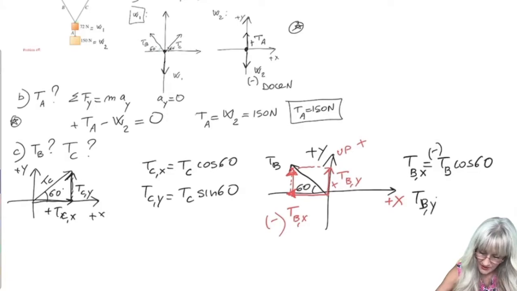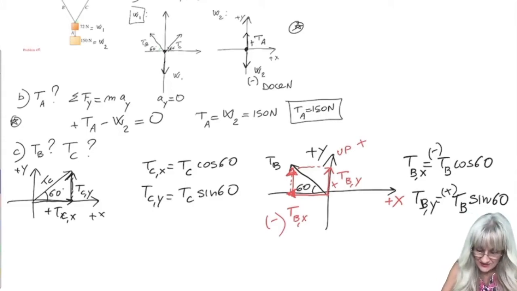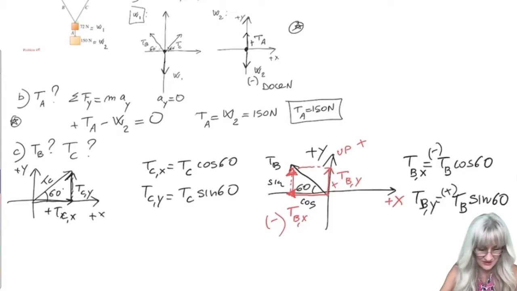T of B on the y-axis, yes, I know it's positive, I'm going to put it in any case, is the hypotenuse T of B multiplied by the sine of the opposite angle. Okay? So again, a cosine here because it is adjacent, and for this one it is the sine because it is opposite to the angle 60.